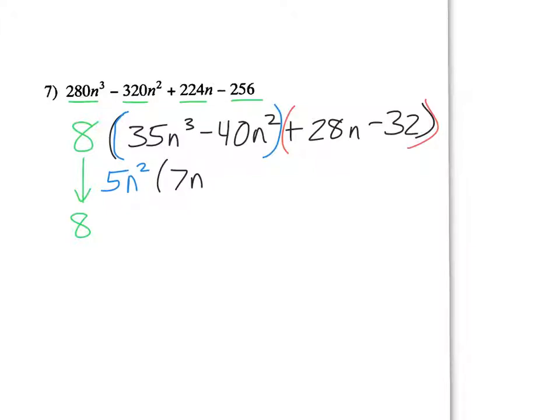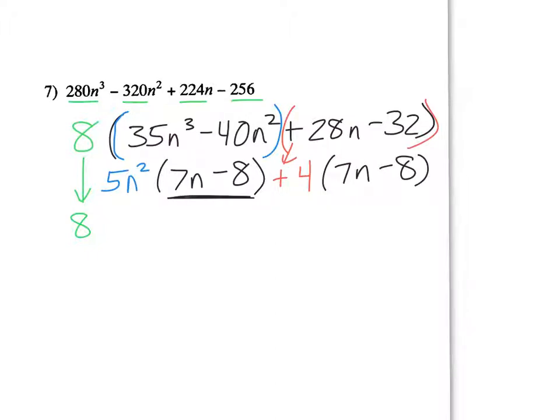Second group, I look at my sign. That's a positive. What will go into 28 and 32? Let's see, 4 will. So what's that leave? 4 times 7 gives me 28, and then 4 times 8 gives me 32. Again, these have to be the same. So that group comes down.